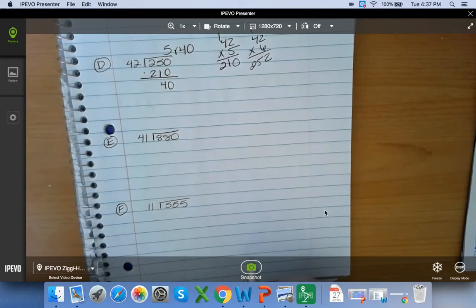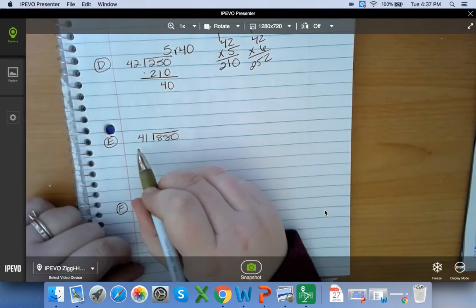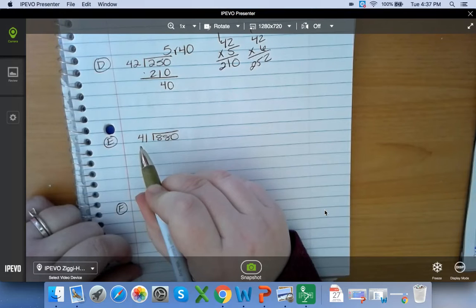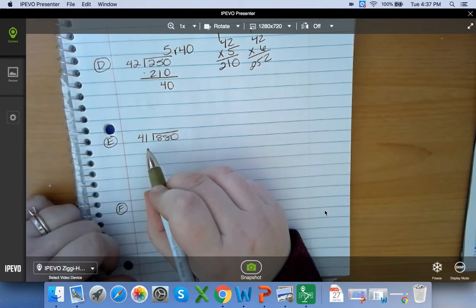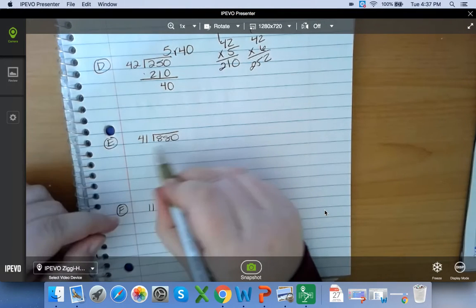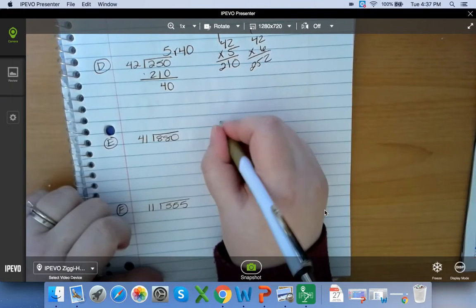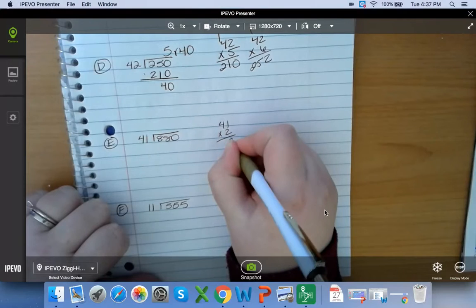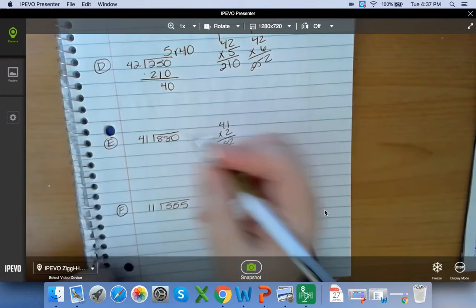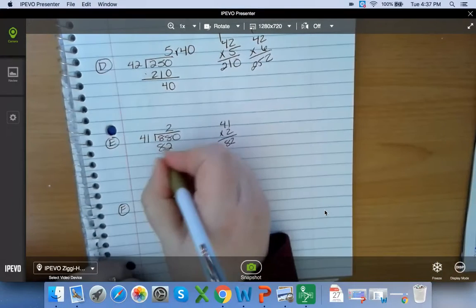All right, letter E. They want us to go into 880, and your divisor is 41. So for this one, I'm going to say, all right, well, I know that 40 can go into 80 about twice. Just to prove it, I'm going to write it off to the side, make sure I'm right. 82, that's close, so I'm going to put this here.